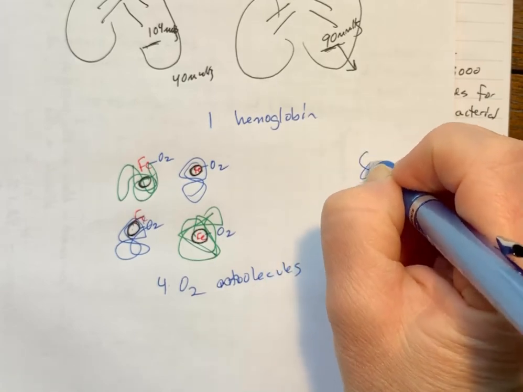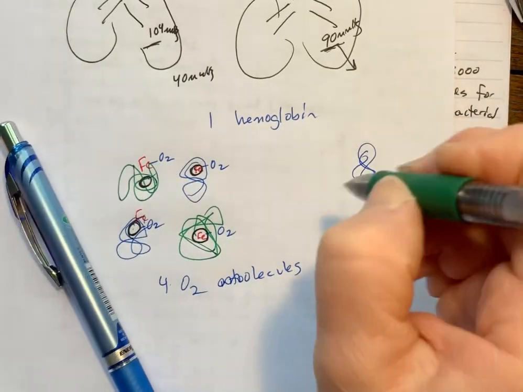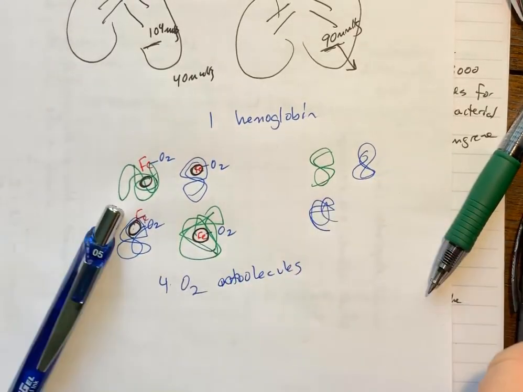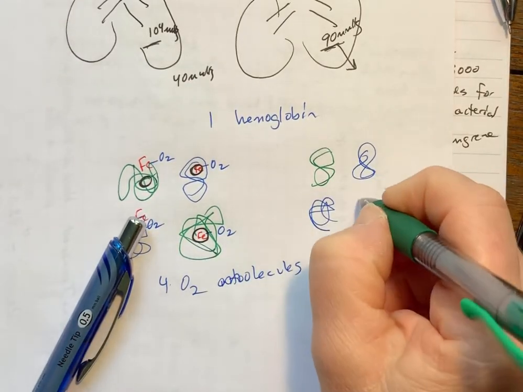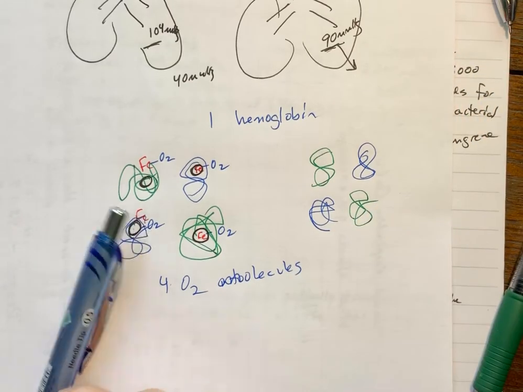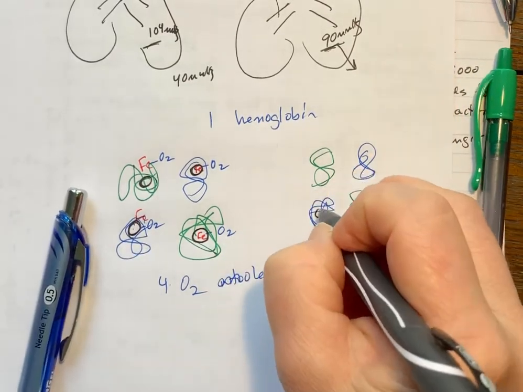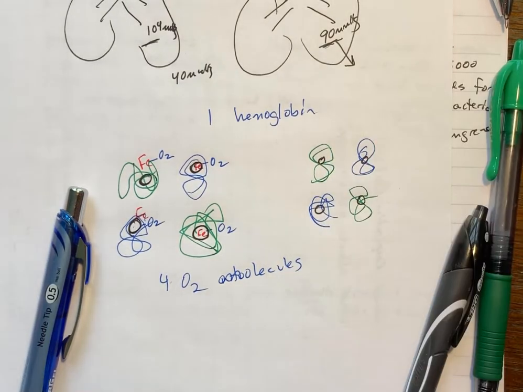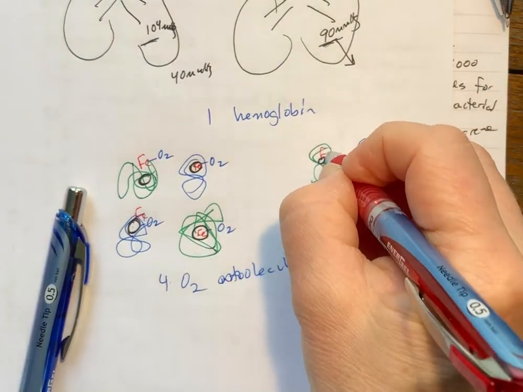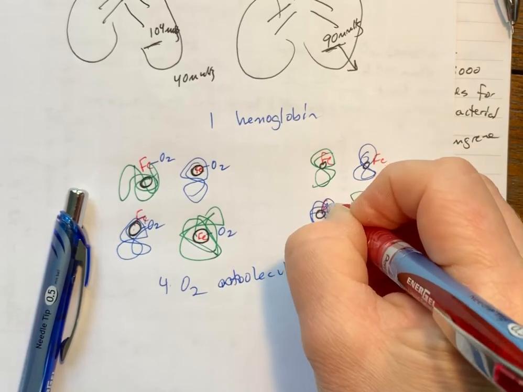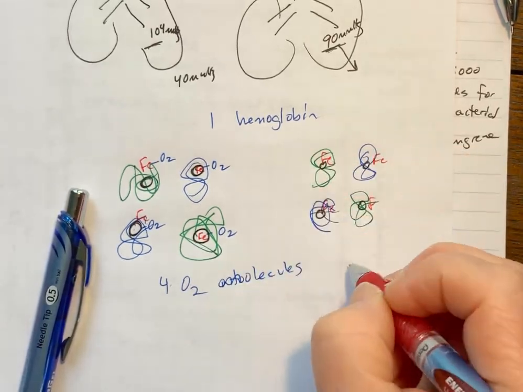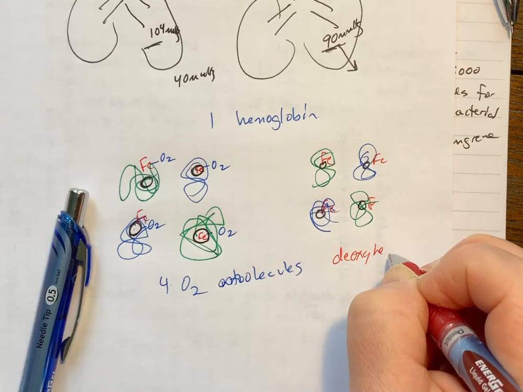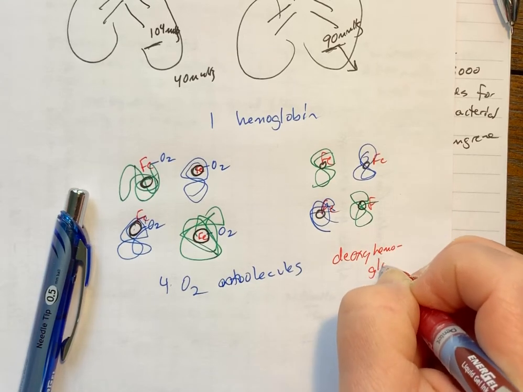let me draw these again. This hemoglobin is going to carry CO2 out. And we've got our heme group, which has iron in there, okay? All right, we have this deoxyhemoglobin now.